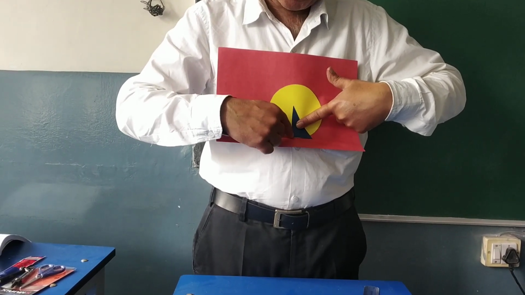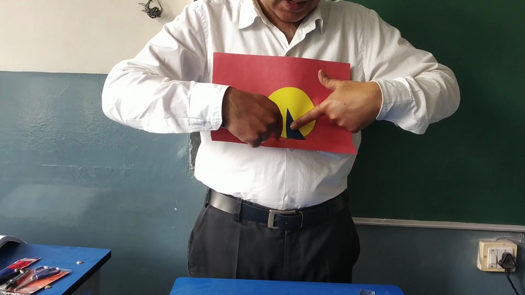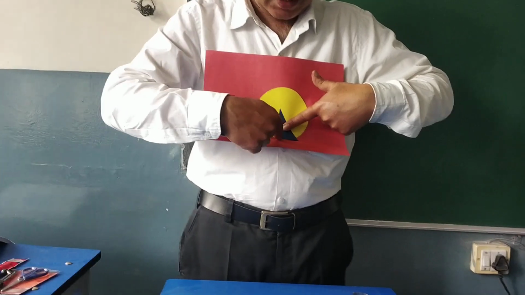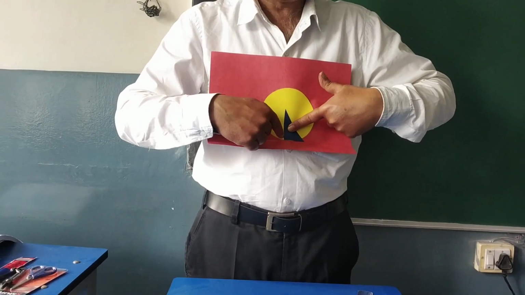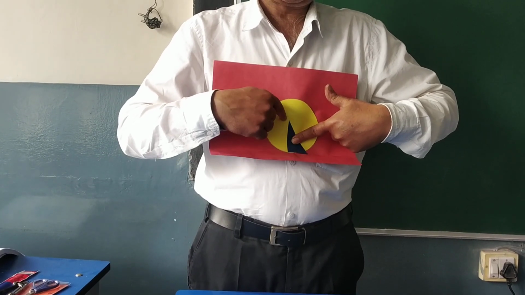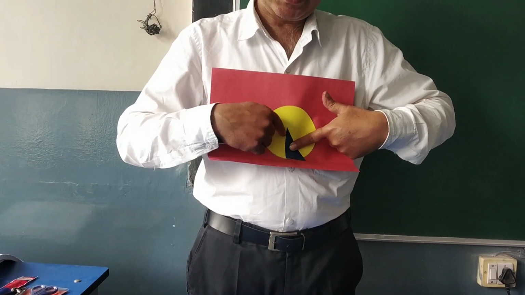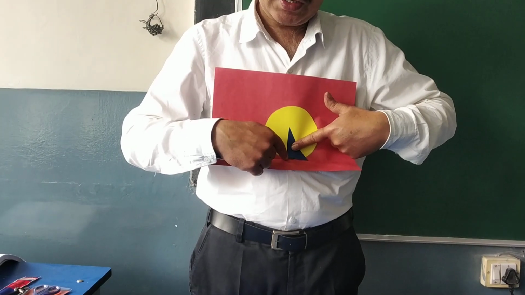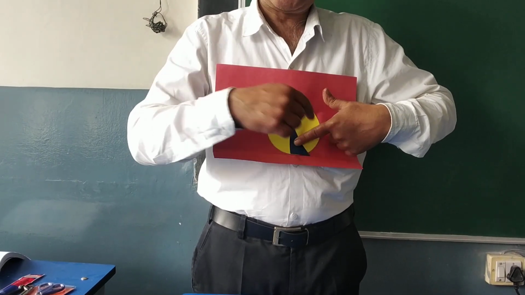So this is the radius, and this is the tangent, PQ is the line. So EF is coinciding, and what angle have you taken? That was 90 degrees. In that way I can prove that the radius of the circle is perpendicular to the tangent.